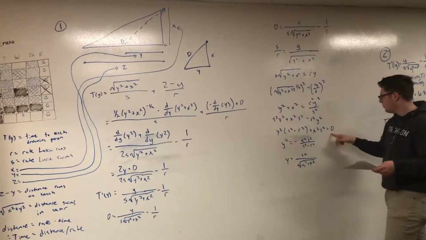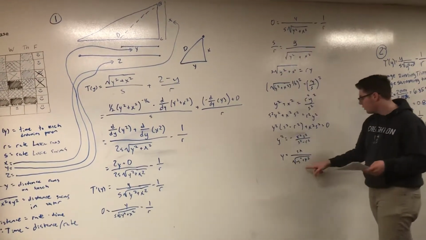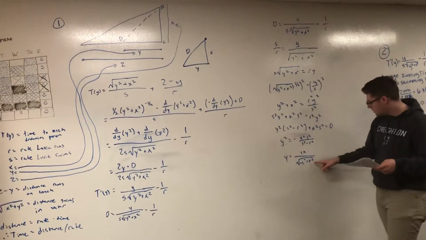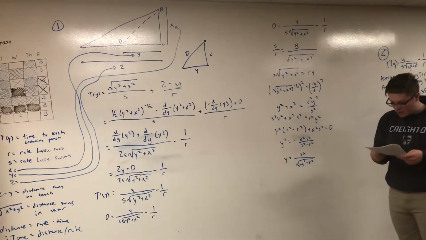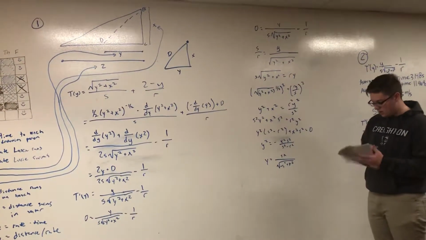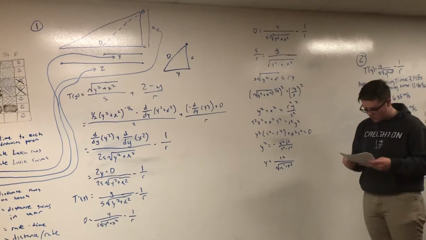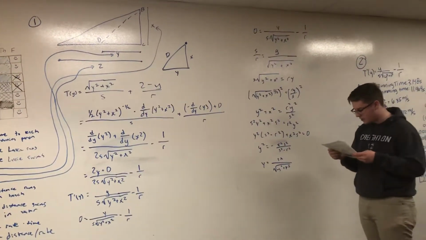And basically we just simplify down to get our equation of y equals s x over the square root of negative s squared plus r squared. So we solved for y, and this equation can be used to find y to minimize the original function.